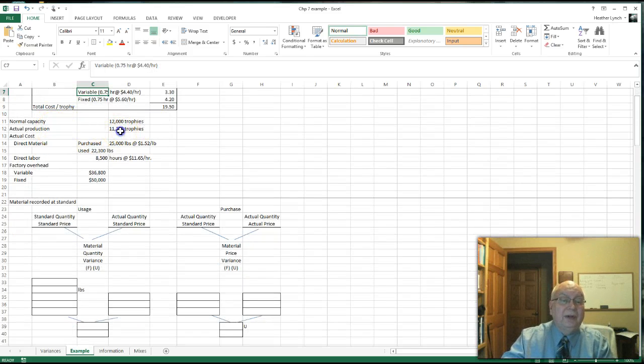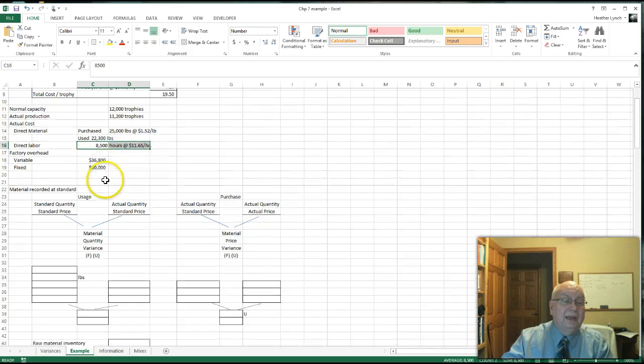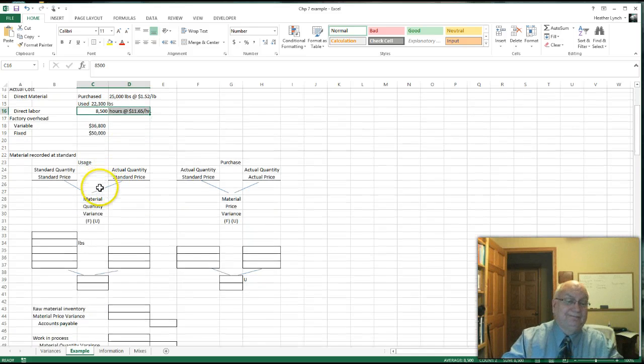Actual production was 11,200. For material, we actually purchased 25,000 pounds at $1.52 a pound. We actually used 22,300. Labor was 8,500 hours at $11.65, which is what we paid them, and we'll worry about that next part later.